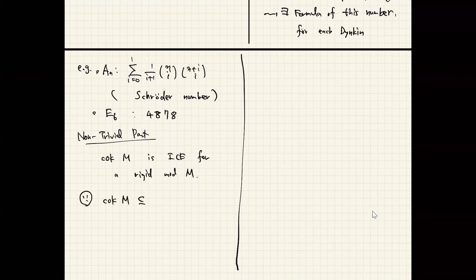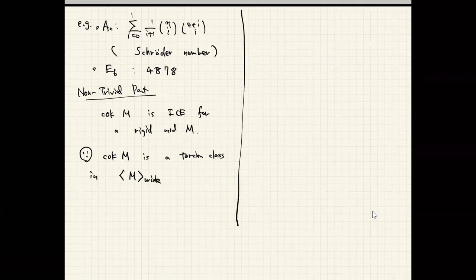And this is proved by this kind of thing. So cok is not a torsion class in the whole module category, but it's a torsion class in this category.